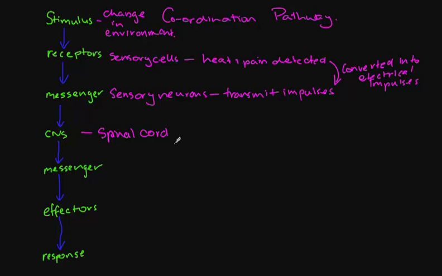Okay, so it receives the information and it determines an appropriate response. It then sends information via motor neurons. So motor neurons, and they are electrical impulses again.